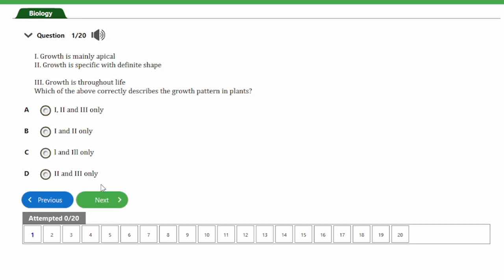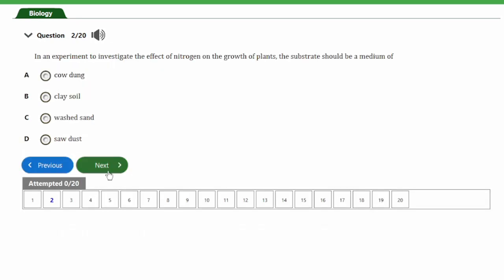The answer to this question is I, II and III. The three statements are correct and they describe the growth pattern in plants. In plants, growth is mainly apical, growth is specific with definite shape, and growth is throughout life.